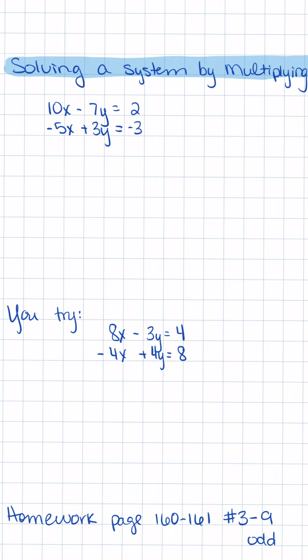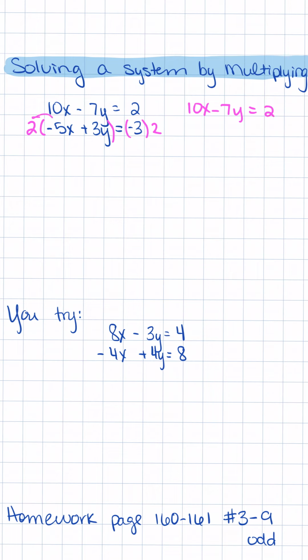So what we can do to eliminate is multiply the second equation by 2. Whatever we do to this side, we have to do to this side. So let's just recopy the first equation over here.